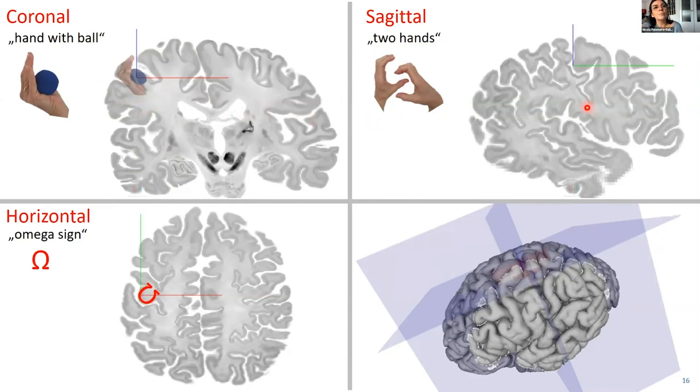And in the sagittal plane, the sign that radiologists use is the so-called two hands. So you look for two gyri that are sort of interlocking. And that would be these two gyri here. So you've got to imagine your two interlocking hands here.